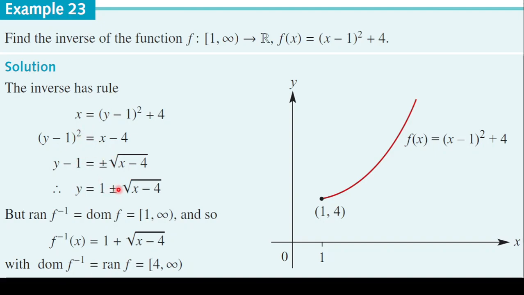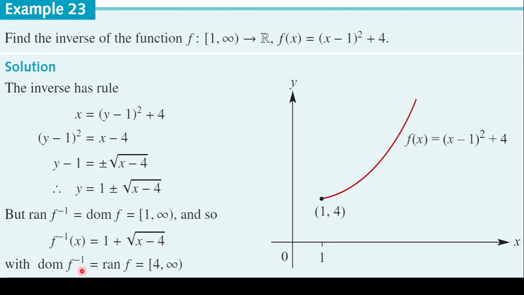Again, we have a plus minus square root, but we know the domain is from 1 to positive infinity, so that will also be our range for the inverse function. So the inverse function is restricted to the sum. We remove the difference, so it's going to be 1 plus root x minus 4.